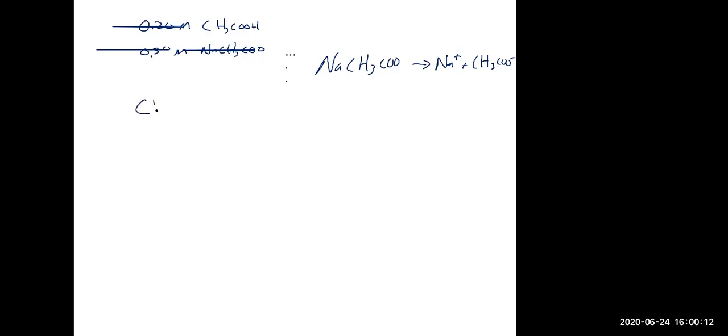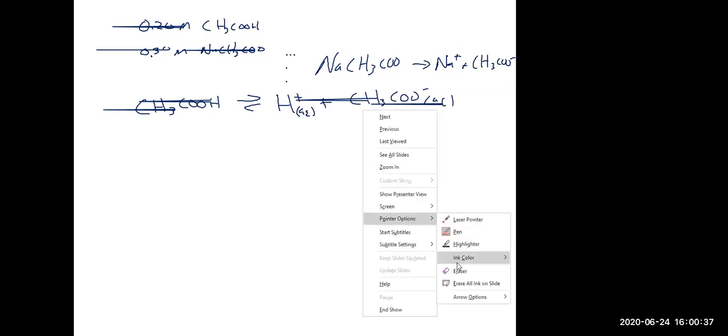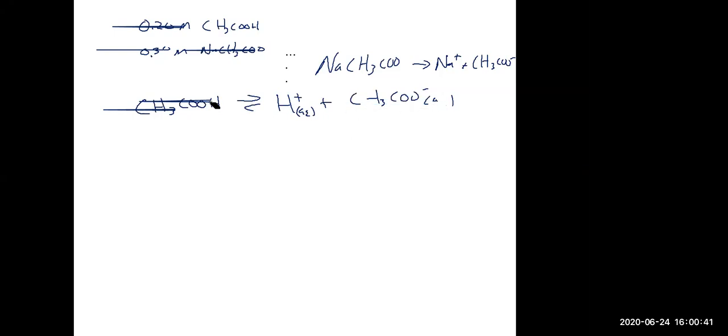So if we take our acetic acid, just like we did on our previous problem, we're going to set up our ice table, and initially we do have 0.2 of that guy. Now, H plus, we have 0.